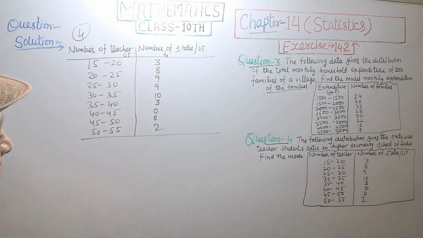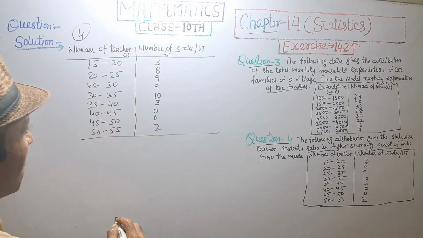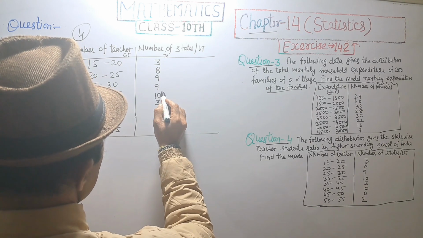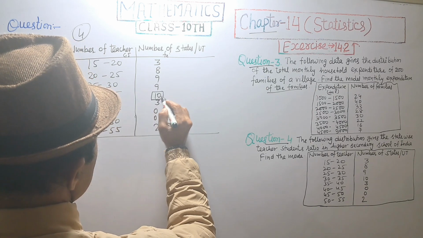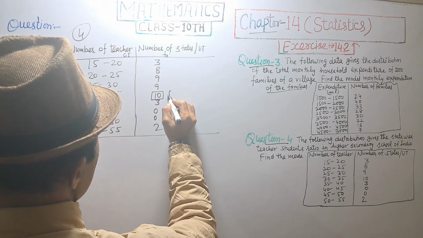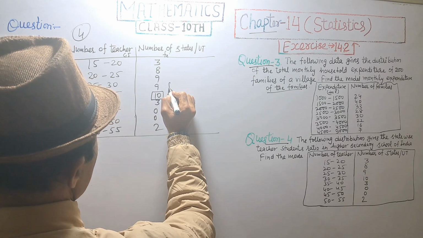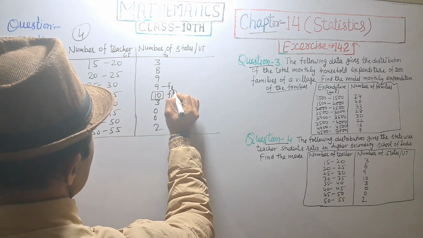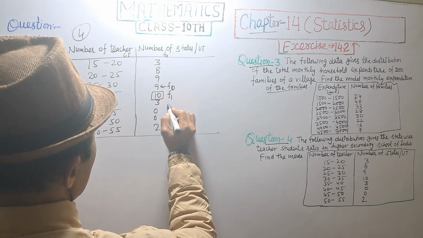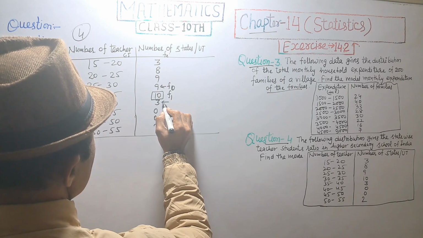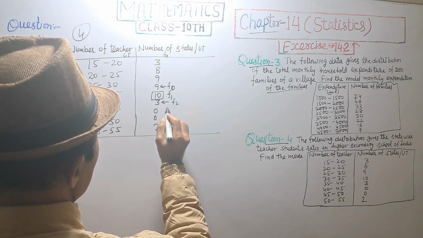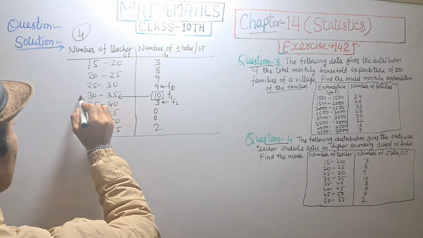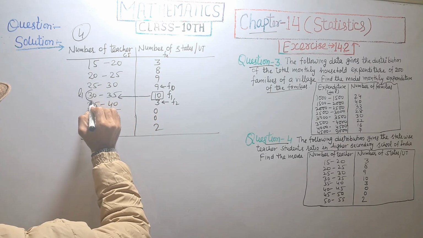Class interval and frequency. And in this frequency, the greatest number is 10, that is F1, and this number is F0, and this number is F2. So L1 is equal to 30.